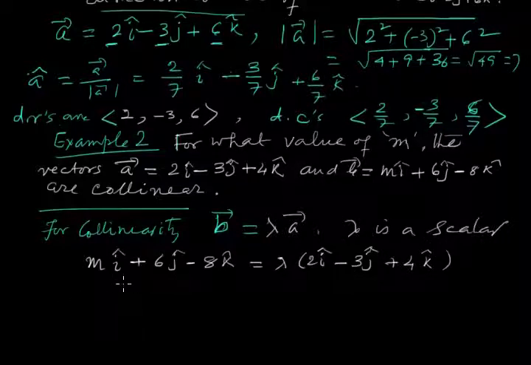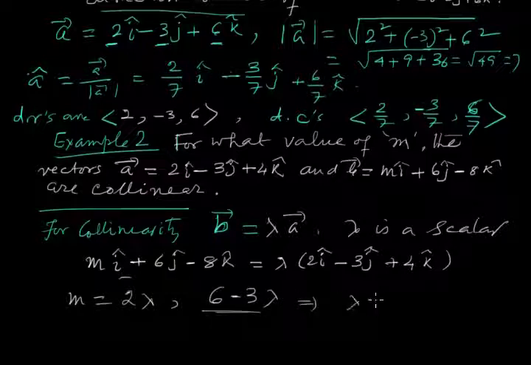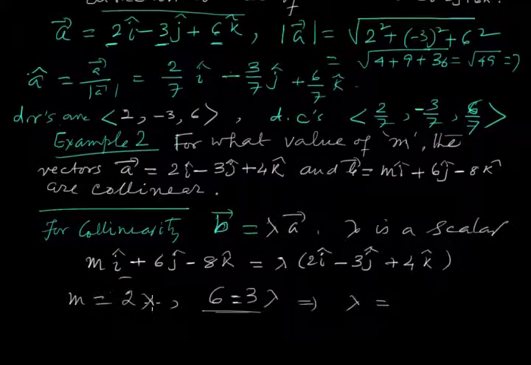So if you compare the components of i, j, k, here it is m and here it is 2 lambda. Here it is 6 and here it is minus 3 lambda. Now from this relation, 6 is equal to minus 3 lambda.